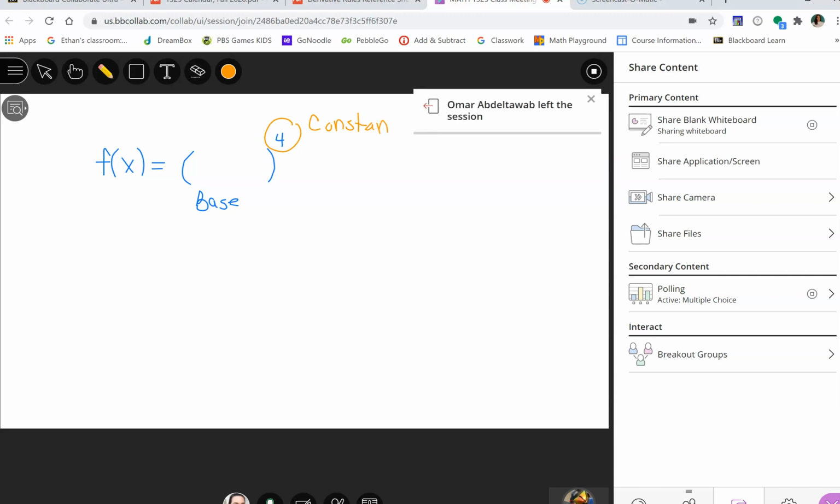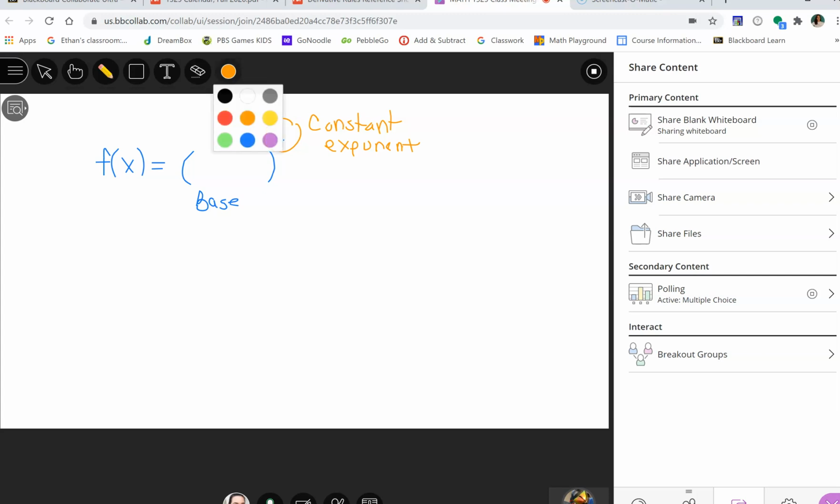Anytime you have a base to a constant exponent, you're going to follow the power rule. I don't care what the base is. It just so happens that our base had a log function in it. That does not change the fact that we're going to do the power rule.